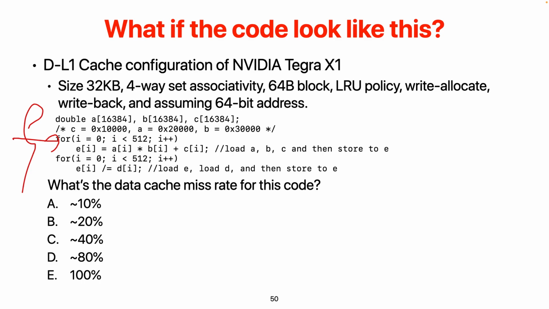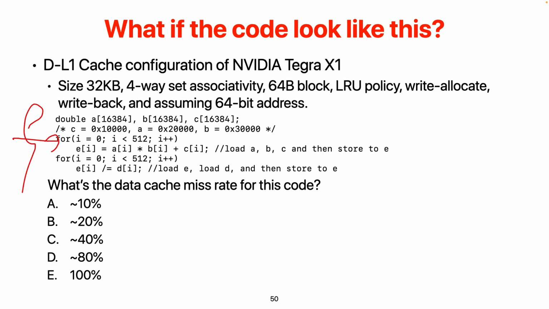For the total code, how big a portion of the total number of cache misses would this loop contribute? 4 out of 6, right?